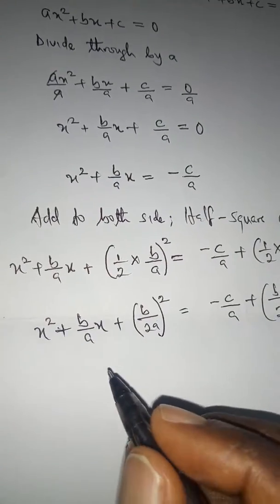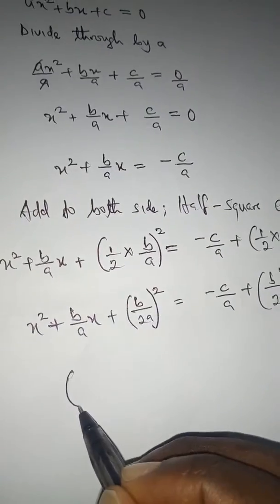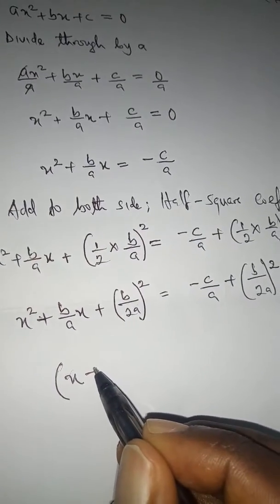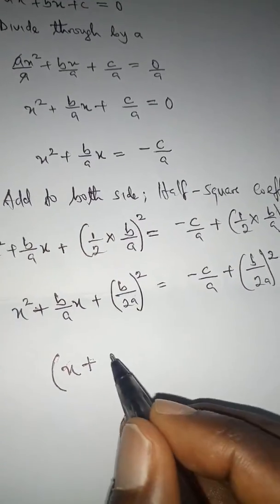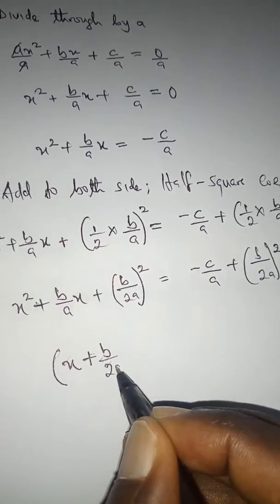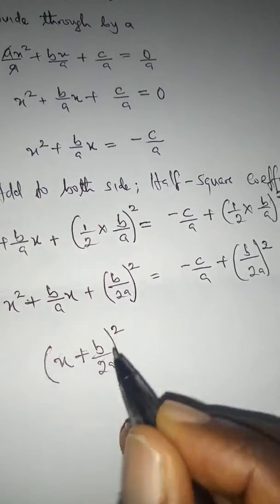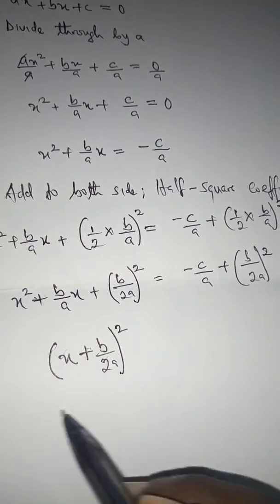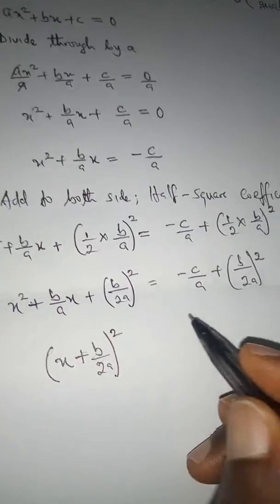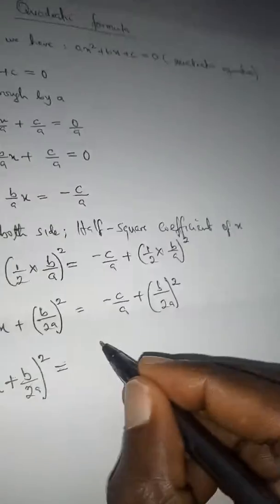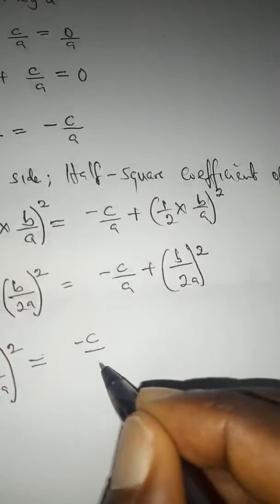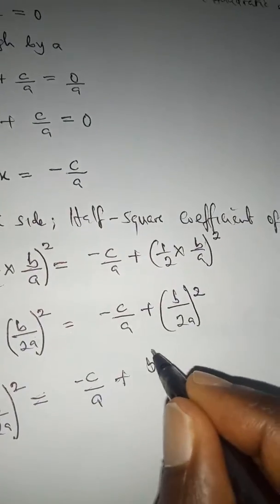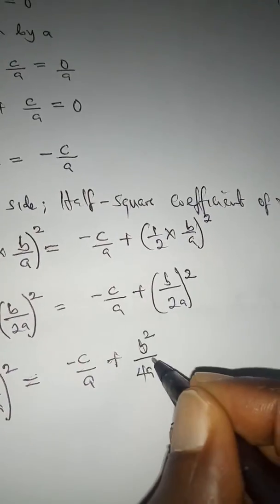For you to do this, open a bracket, pick the variable x plus whatever you have in this bracket, b over 2a, close it, squared. If you expand this, you have this, which is equal to minus c over a plus b squared over 4a squared.